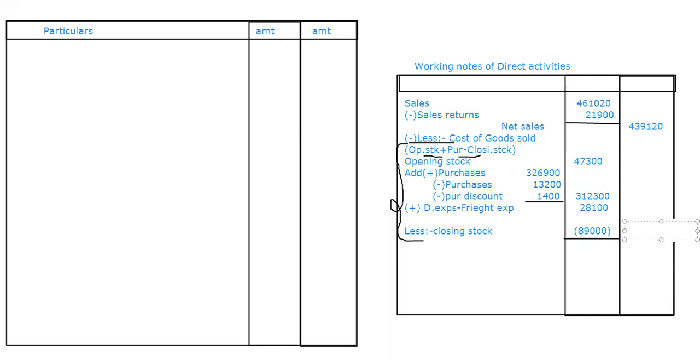It is 2,98,700. Is it so? Yes, ma'am. 2,98,700. So cost of goods sold is this much.